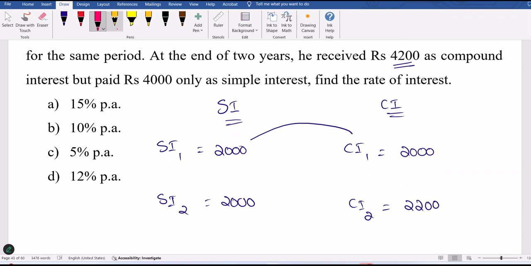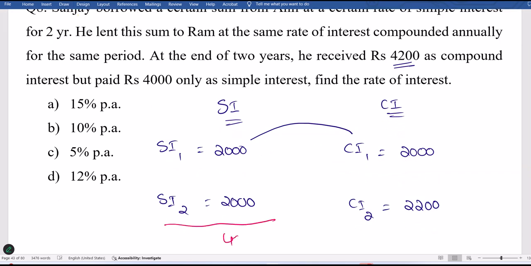Whether you have the same approach or a different approach, this is a very simple logic. 4,000 here, 4,200 there. Now the rate of interest is calculated from how it increased: 2,000 became 2,200. Compound interest is interest on interest.